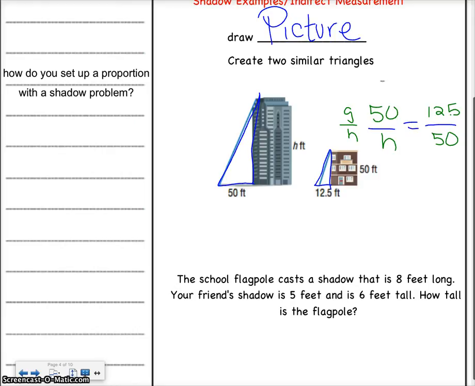I personally wouldn't have done that. My brain works better going 50 is to 12.5 as h is to 50. But they're equivalent. Doesn't matter, again, as long as you follow the pattern you initially choose. So goal, visualize your triangles. With anything that has to deal with shadows or something angled against a building, you should try to visualize two triangles that you can turn into similar figures.